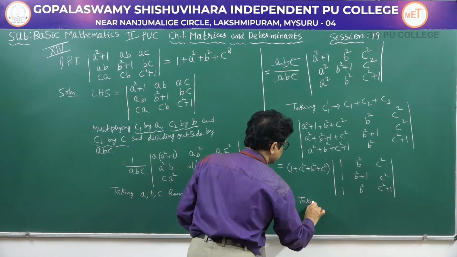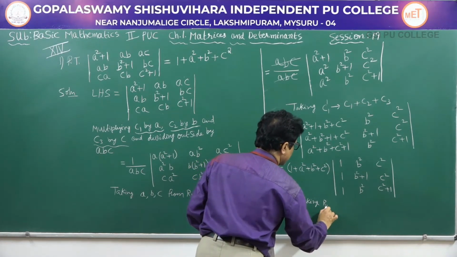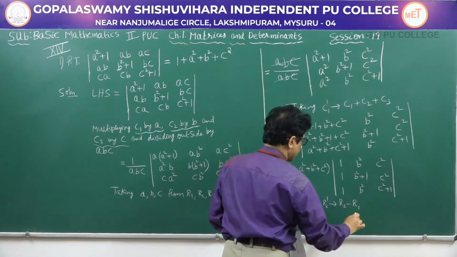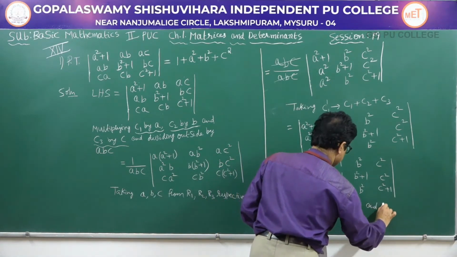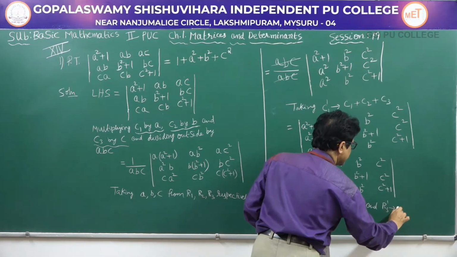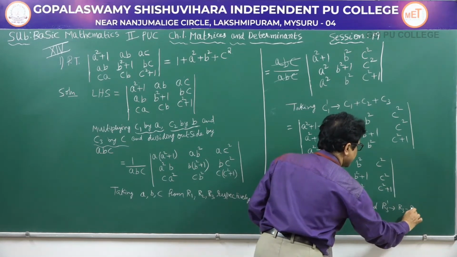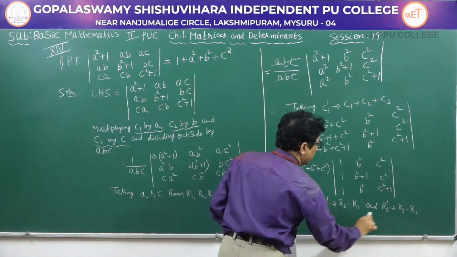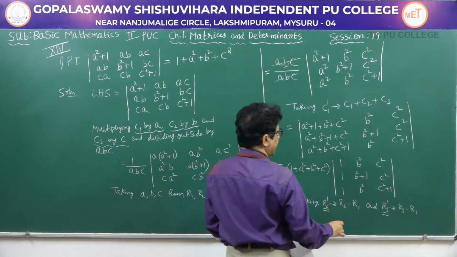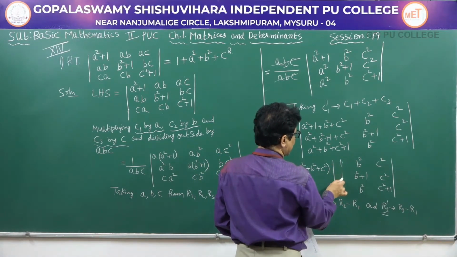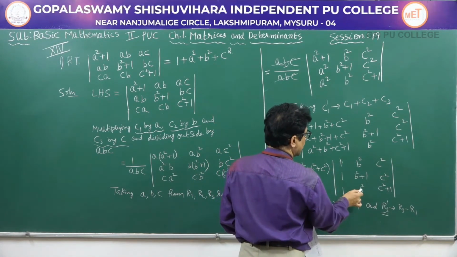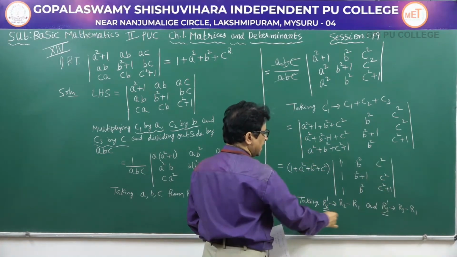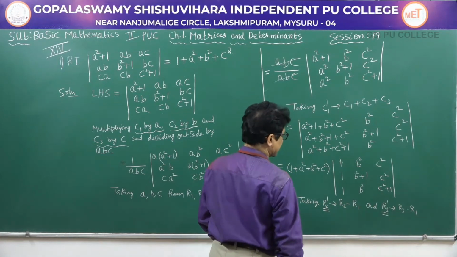Taking R2 dash as R2 minus R1 and R3 dash as R3 minus R1. By using these two operations, we can make 1 minus 1, 0, 1 minus 1, 0, B square minus B square, 0, C square minus C square, 0. So, we get more number of zeros.